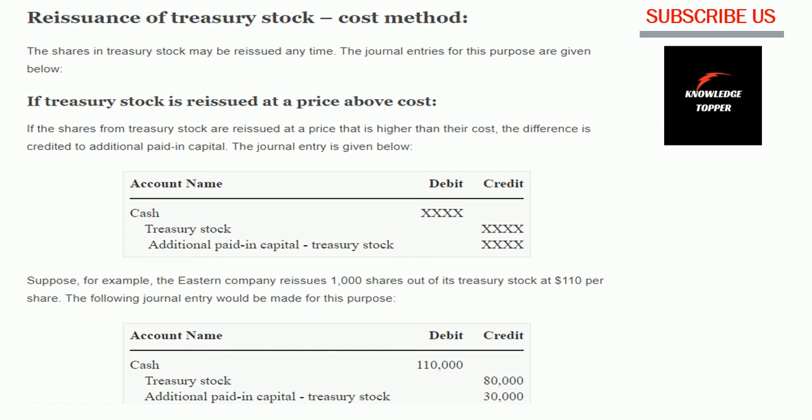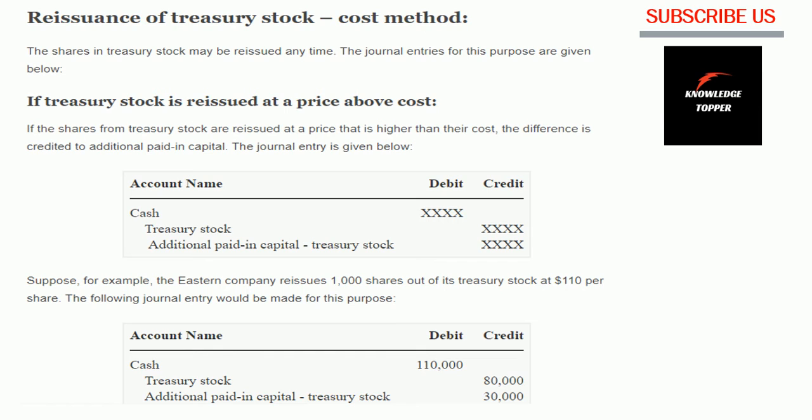If the shares from treasury stock are reissued at a price higher than their cost, the difference is credited to additional paid in capital, APIC. The general entry is given below. As you can see, cash is debited, and treasury stock and additional paid in capital are credited.